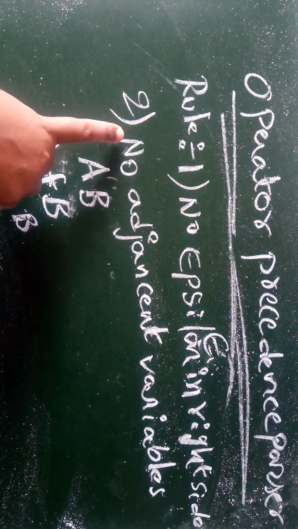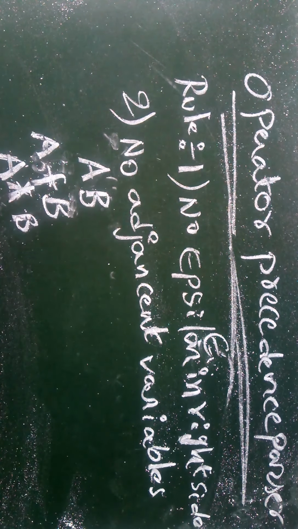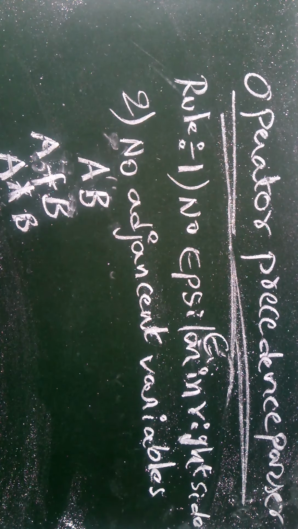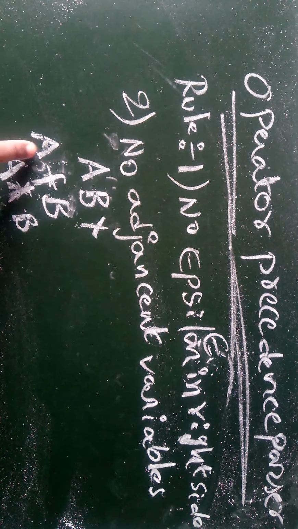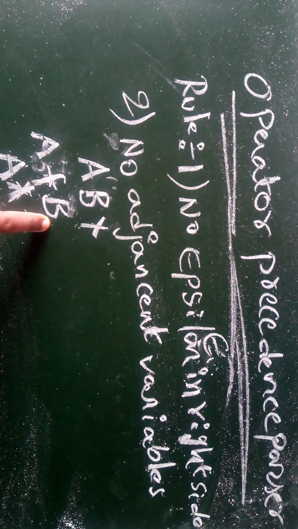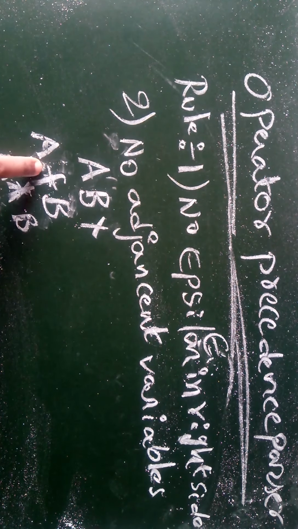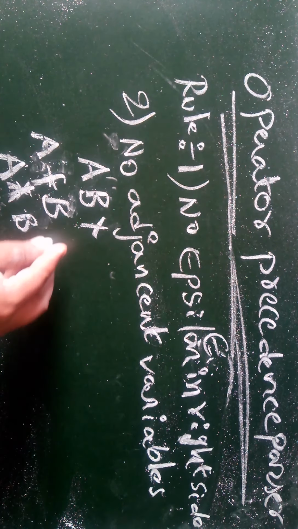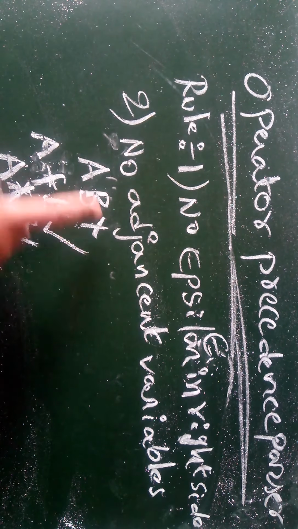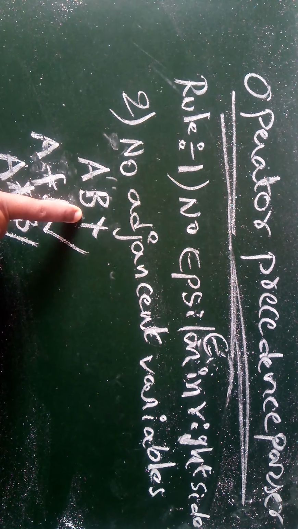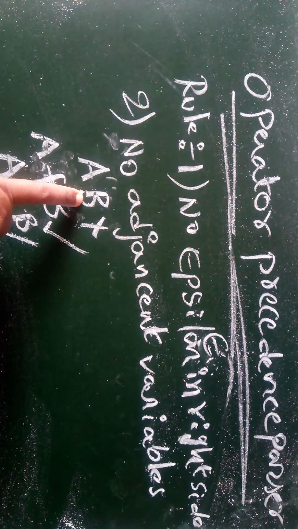The second rule is no adjacent variables, so this is not an operator grammar. And next, A plus B. In between the variables there is a terminal, so this is acceptable. This is an operator grammar. A into B, this is also an operator grammar. So no adjacent variables.